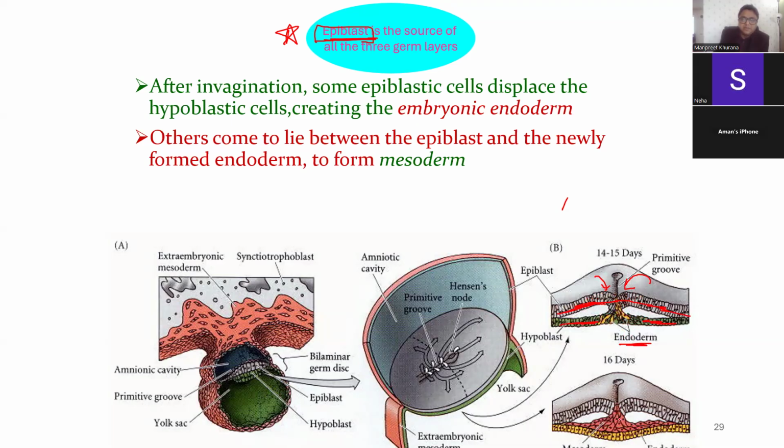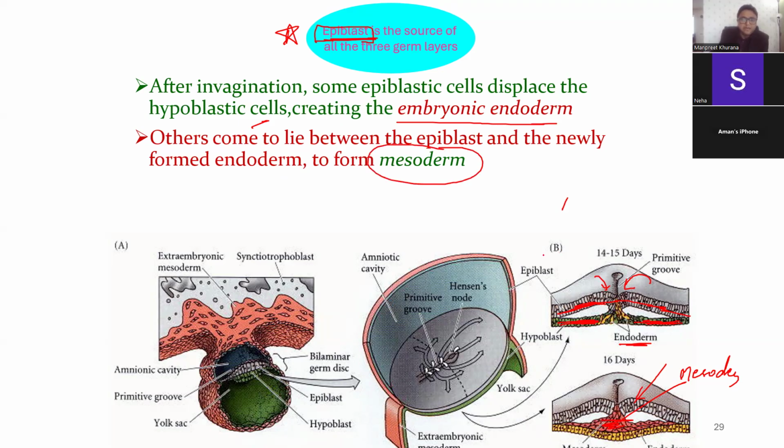So the epiblast is forming all three germ layers, even the endoderm. In the second picture, you see this is the mesoderm. Some of the cells of the epiblast migrate to form the mesoderm in between. Some of the cells migrate below to form the endoderm. After invagination, some epiblastic cells displace the hypoblastic cells, creating the embryonic endoderm. Others come to lie between them, forming the mesoderm.